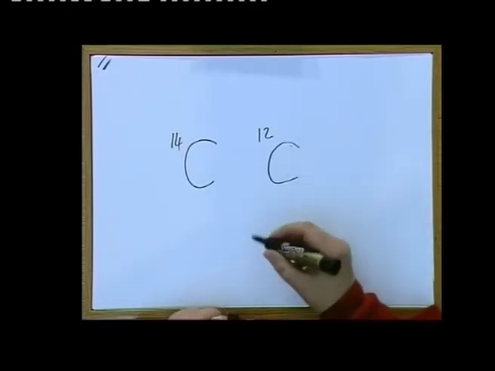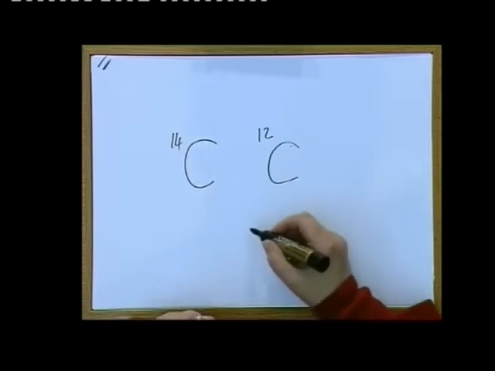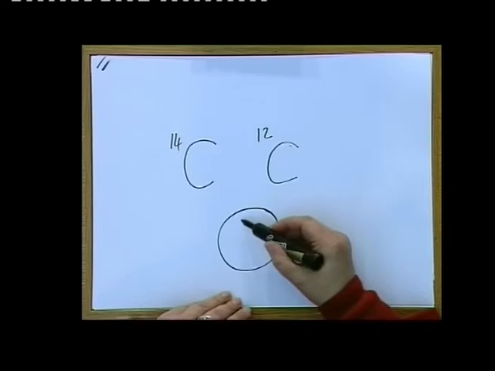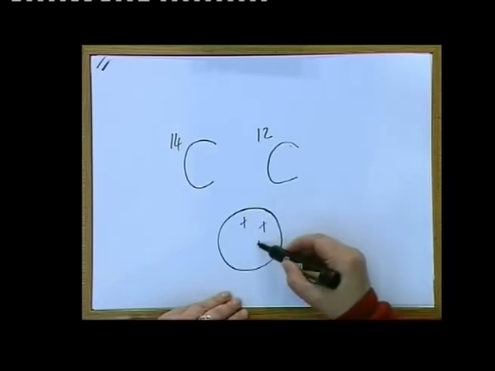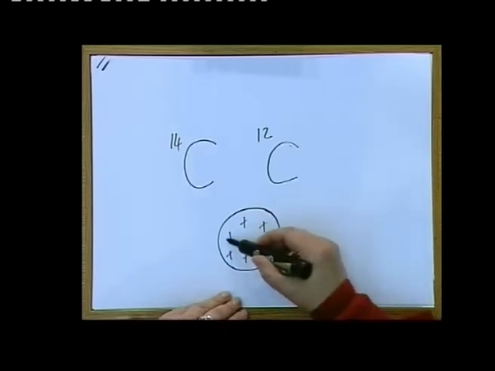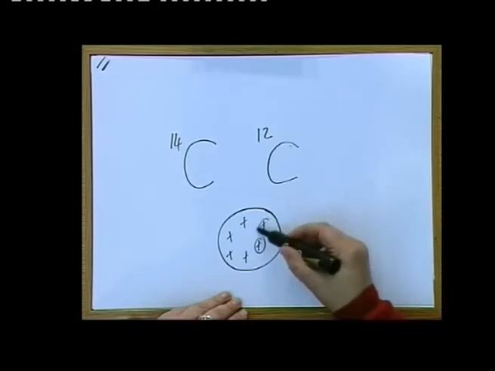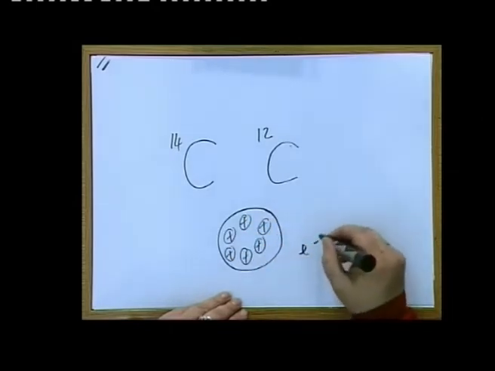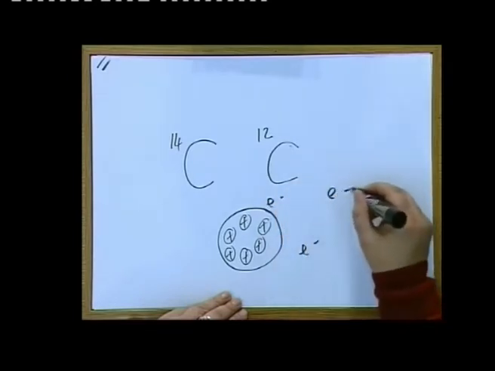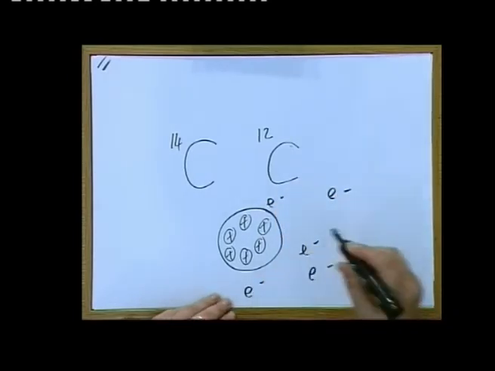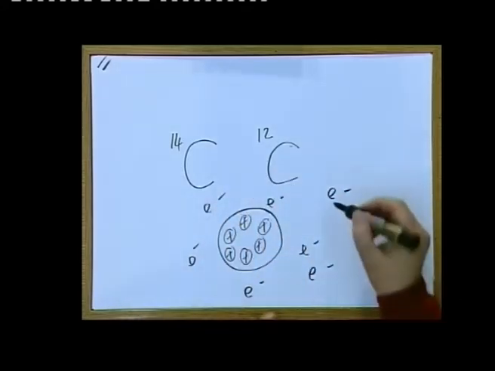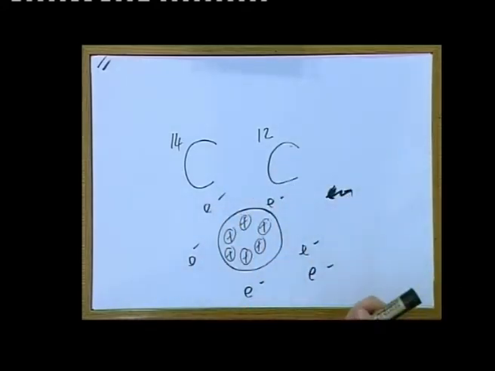This means that in the nucleus of carbon, under normal conditions, there are 6 positive particles called protons. And around it, at different levels, or energy levels as we call them, a little bit of science, you've got 6 electrons. So this is a neutral atom.